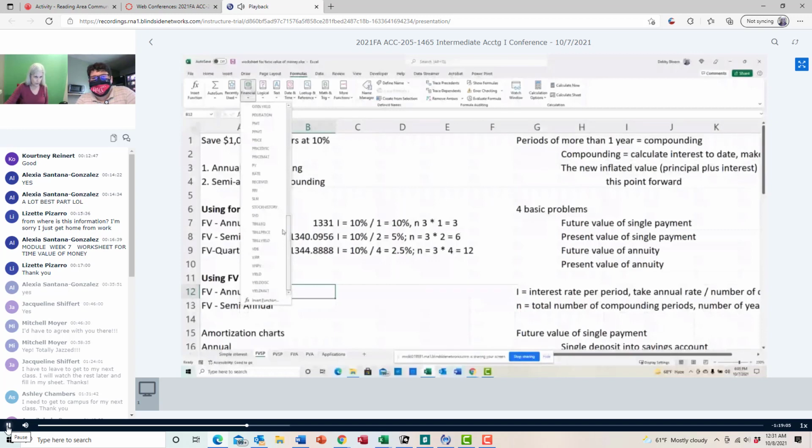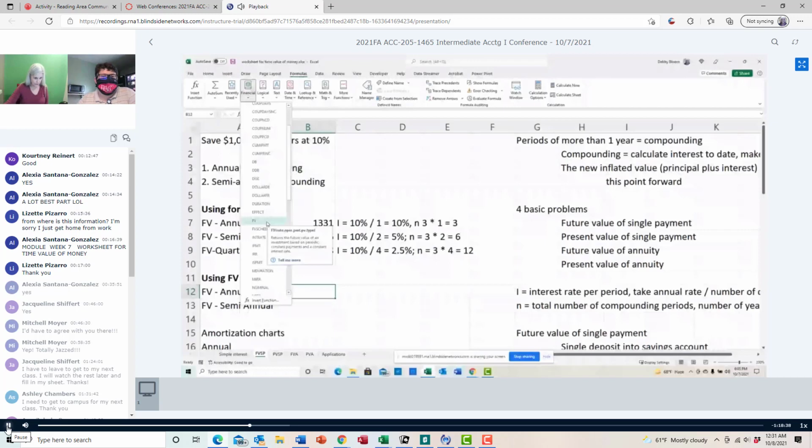So it's amazing how many different functions there are relating to interest. What I want you to do is click in cell B12, click on the Formulas tab and in Financial, and just like it says in the worksheet, look for the function that says FV. FV returns the future value of an investment based on periodic constant payments and a constant interest rate.